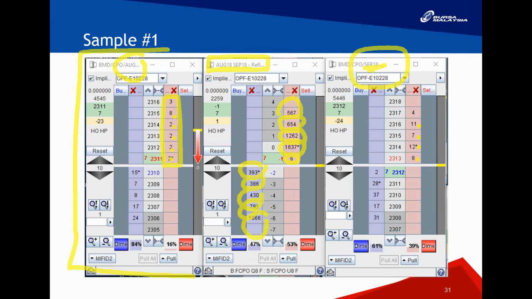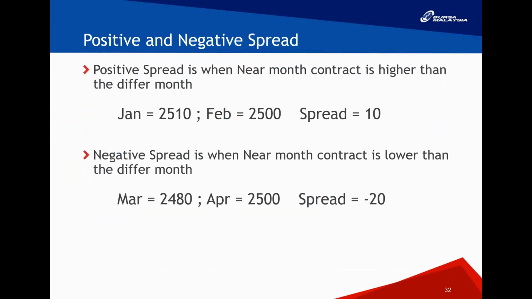So we move on to the next slide. Why the positive and negative number? The positive number is because, for example in this case, January is higher than February. So the spread is positive because the near month is higher. You get a negative number if the first month is, let's say, 2,480 and the third month is 2,500.